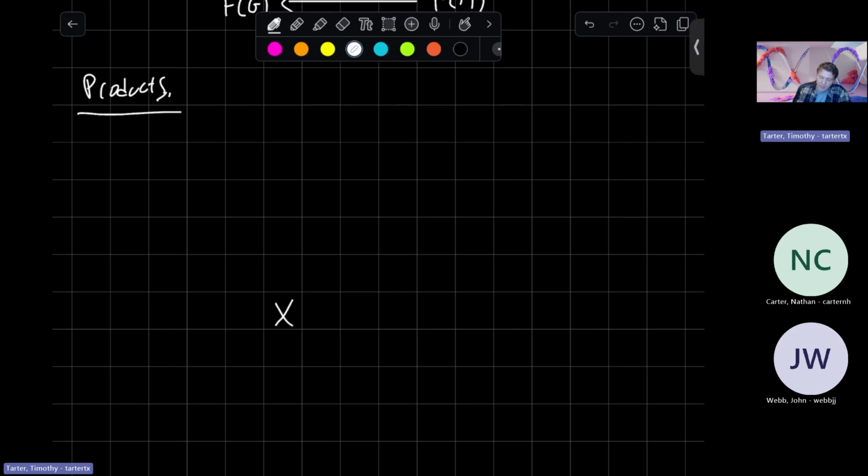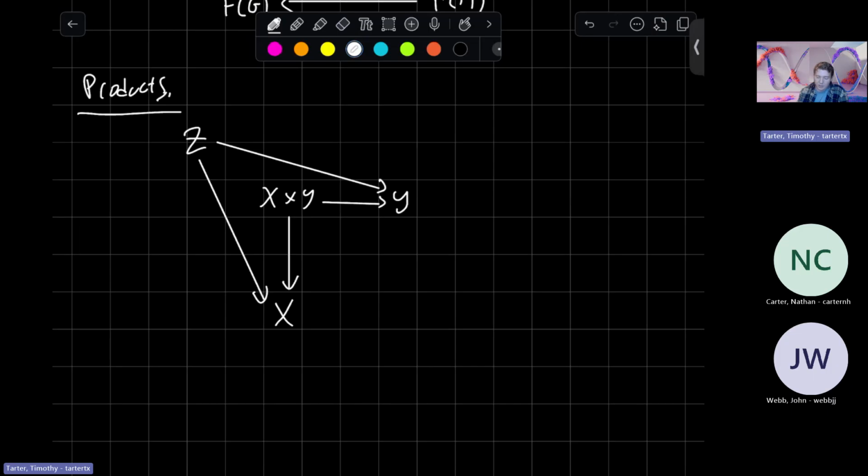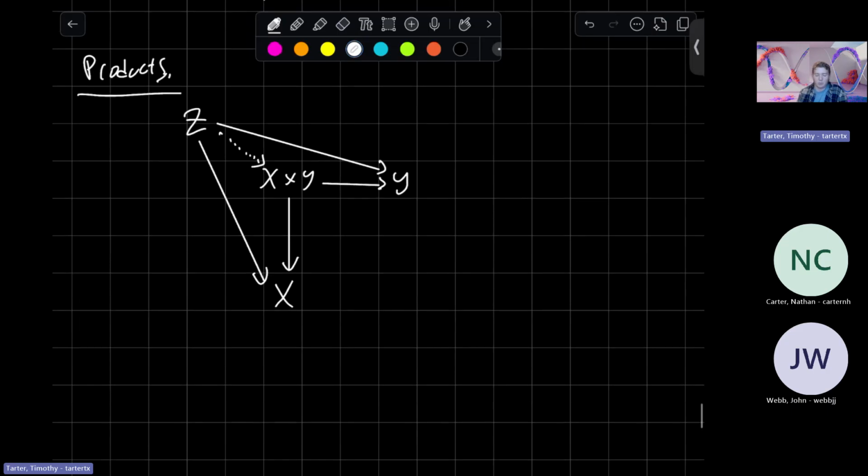Given x and y and x product y, if we have some object z in our category with maps into both x and y, what we really want is that z should have to go through the product of x and y first.